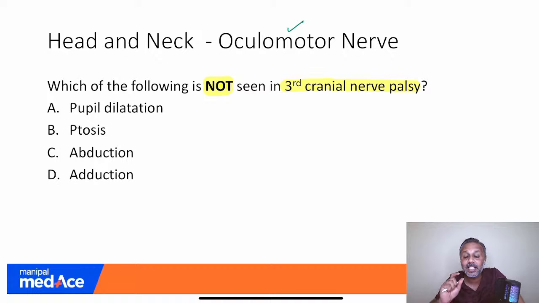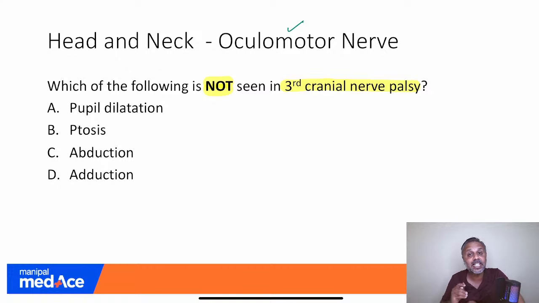Dilatation of the pupil is the function of dilator pupillae, and this dilator pupillae is innervated by sympathetic fibers, whereas constrictor pupillae is supplied by the oculomotor nerve, and hence it has parasympathetic innervation. So, unopposed dilatation occurs in paralysis or injury to oculomotor nerve. Fine, so that is correct.